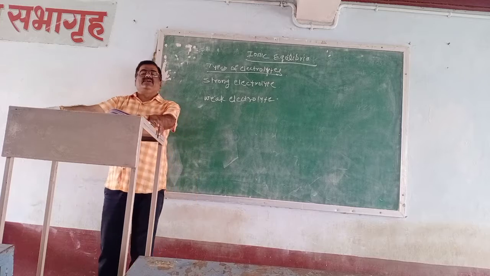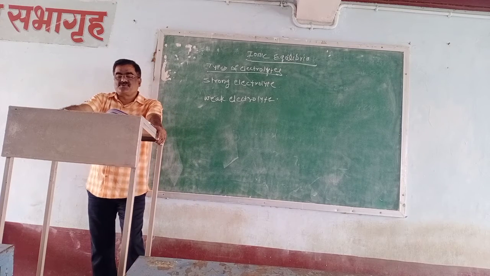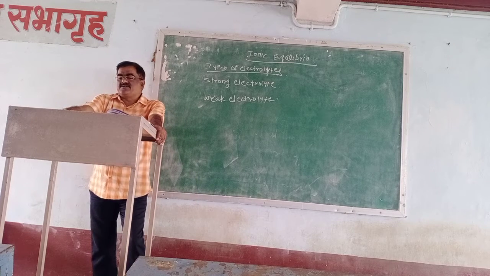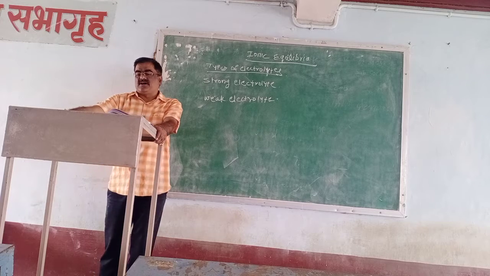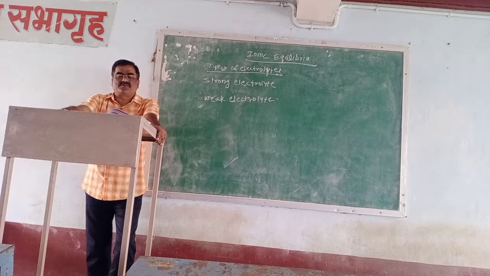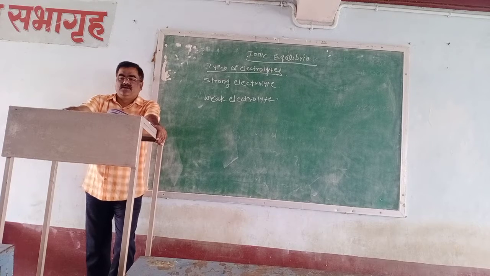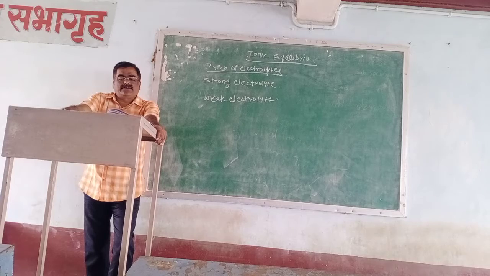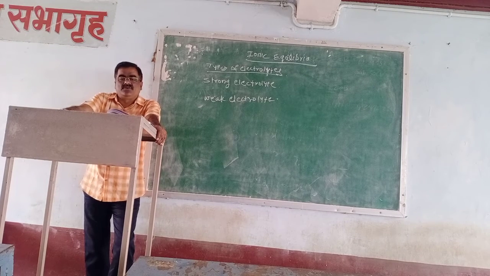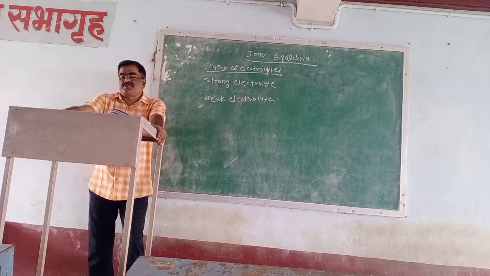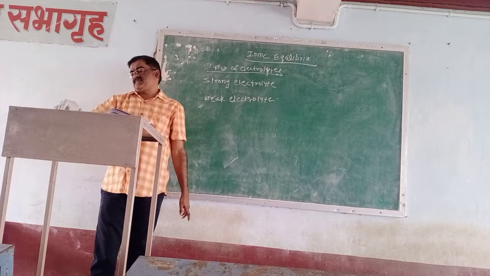The substances which give rise to ions when dissolved in water are electrolytes. The non-electrolytes are those which do not ionize and exist as molecules in the aqueous solution. The electrolytes are also classified into strong electrolyte and the weak electrolyte, and this classification is based on the extent of ionization in the dilute aqueous solutions.